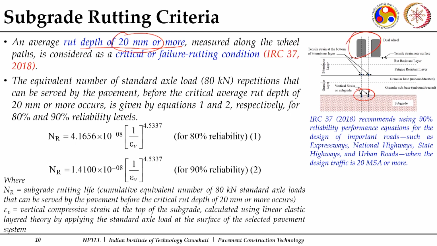So, this is what is there. These are especially the rutting models with respect to subgrade rutting. It says the equivalent we get from these models, what is the NR out of it.